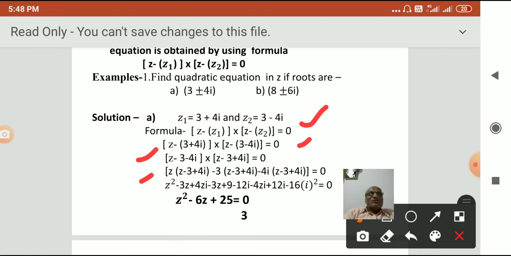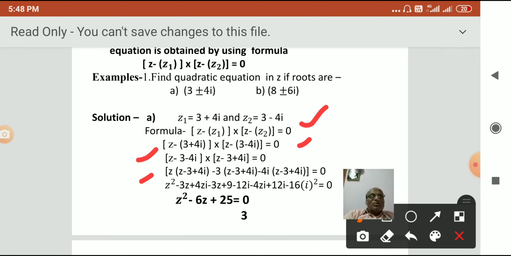So 9 terms we get. First is z square, so z into z, then z into minus 3 gives minus 3z, then z into 4i, so 4zi, first bracket complete. For the second: minus 3 into z gives minus 3z, minus 3 into minus 3 gives plus 9, and minus 3 into 4i gives minus 12i, second bracket is solved.